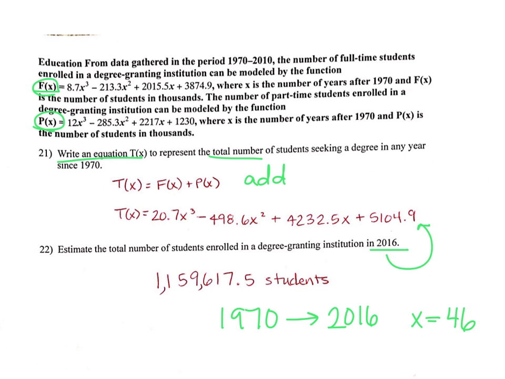So all I did was plug 46 into this equation, into every spot that has an x, and it gave me this number, 1,159,617.5. Obviously, you can't have half a student, but that's why it says this is an estimation.